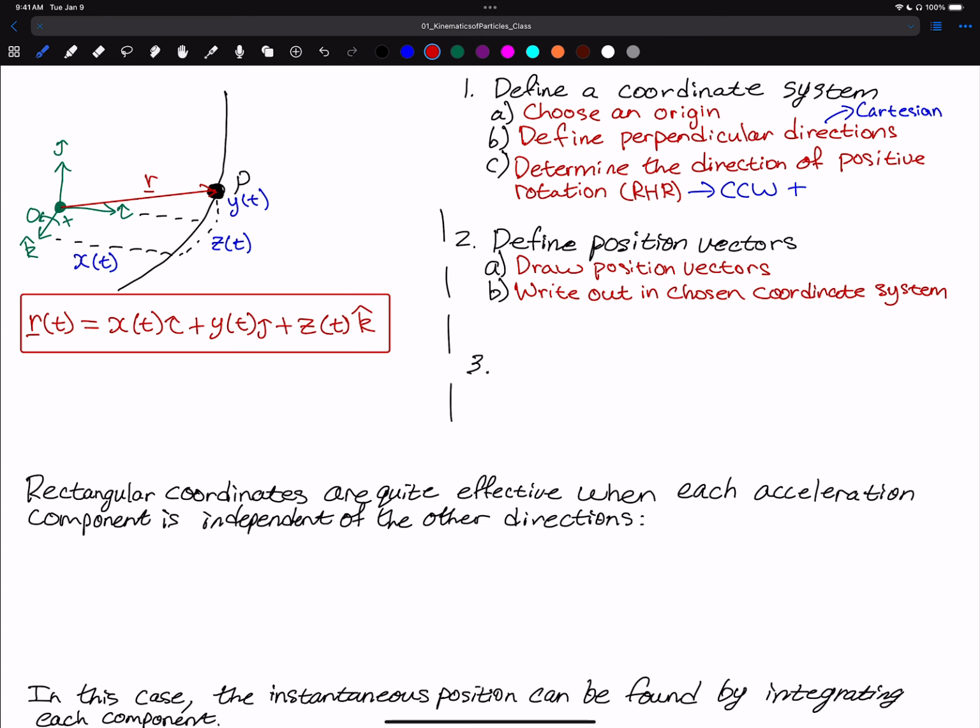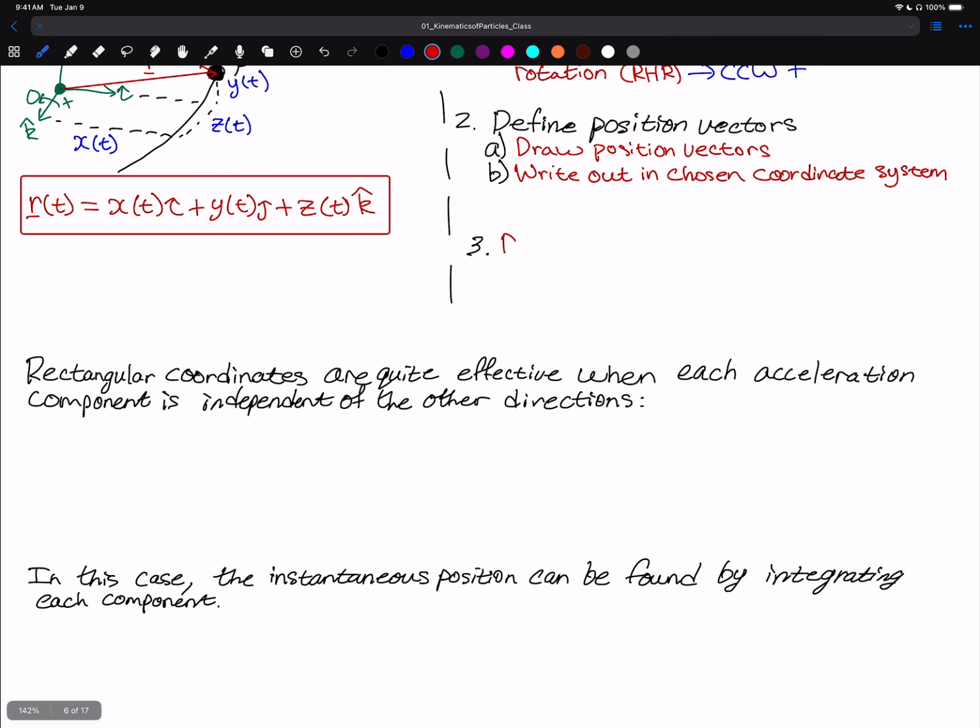Okay. The third step that we're now going to apply, once we've determined our position vector, is to determine the velocity and acceleration vectors. We need our position vector first in order to find the velocity and acceleration.